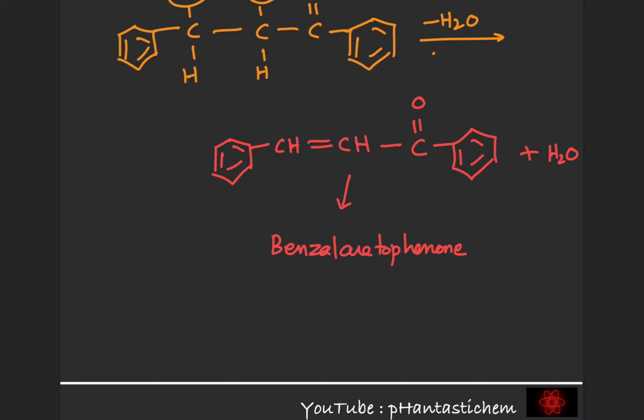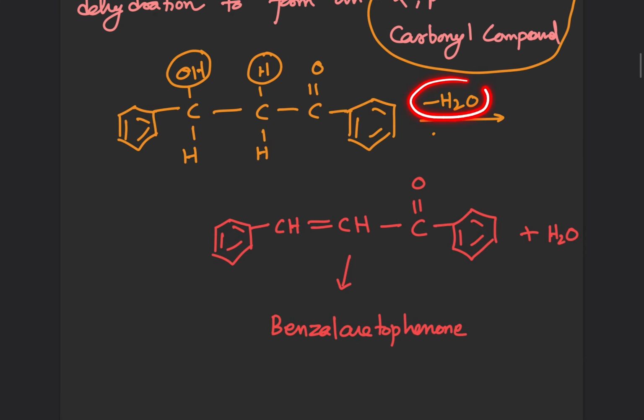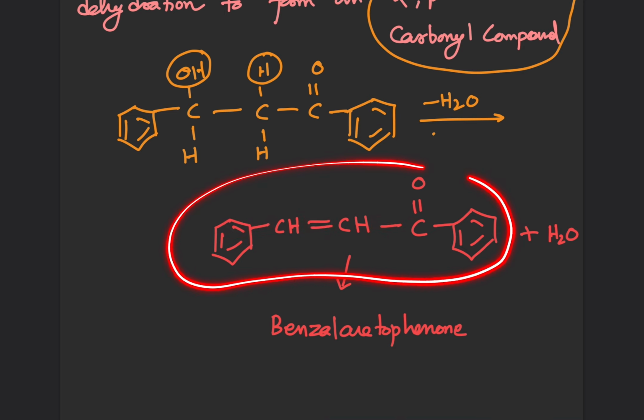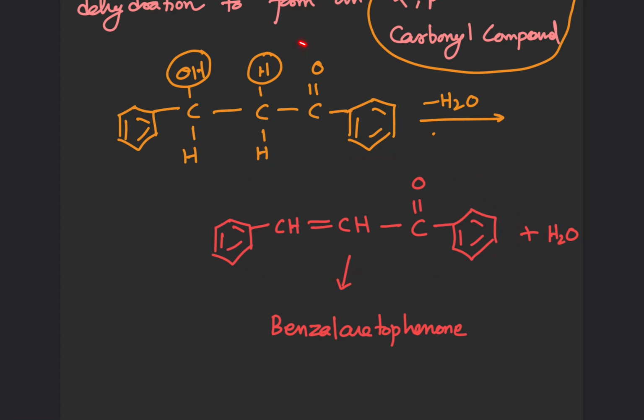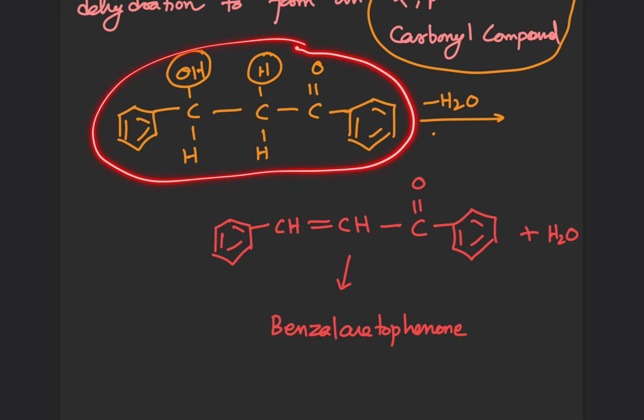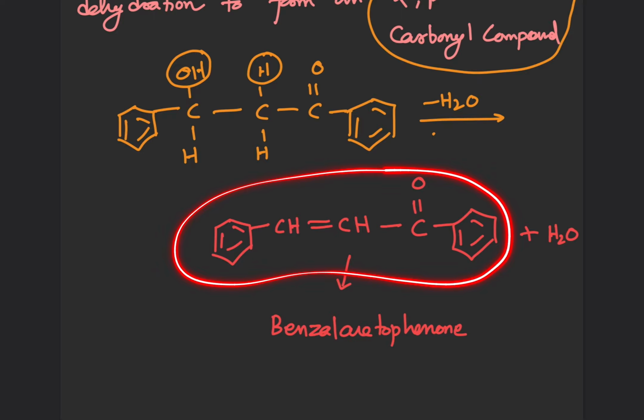And the driving force for this dehydration, that is why there is a loss of a molecule of water, is conjugation of the double bond, that is this double bond with the benzene ring and the carbonyl group. So can you see double, single, double, single, double? Because of this conjugation, it makes this particular product extremely stable. So this guy quickly loses a molecule of water to become ultimately this guy.